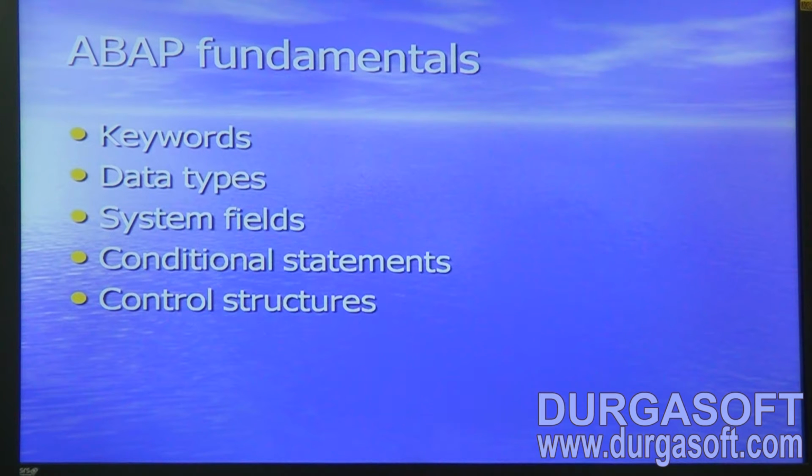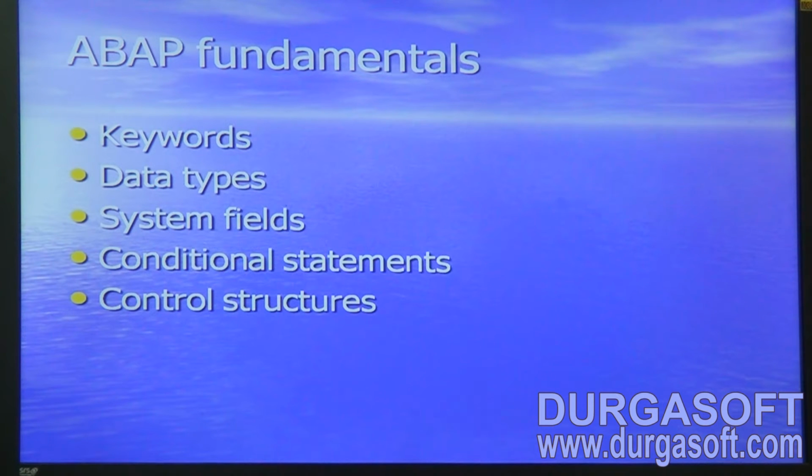In today's session, we are discussing everything under these fundamentals, how they are used, and, when you enter a company, which keywords, data types and system fields you have to use. We are discussing each and everything step by step in this session.